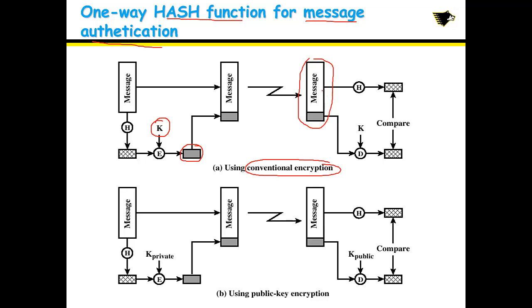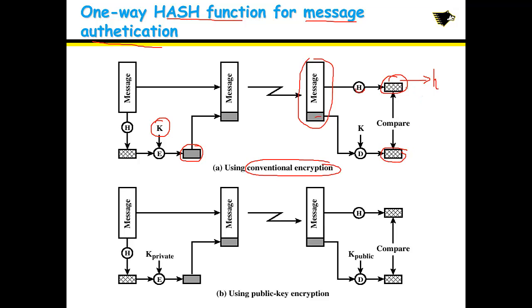After the receiver receives this message and its encrypted hash code, they will do two things. One thing is to get the message part, then pass it through the hash function to compute the hash code H. The same, we extract the encrypted hash code, then decrypt it, and we get the hash code.